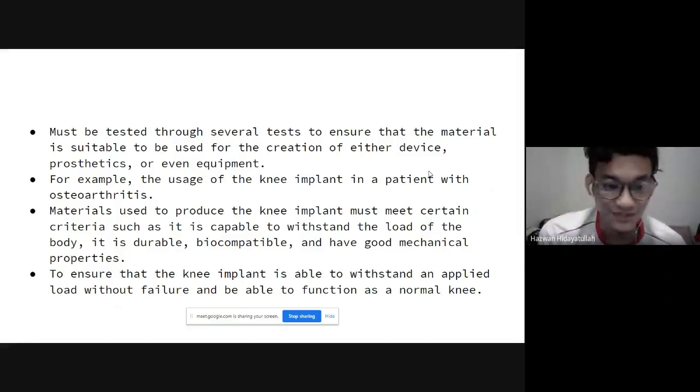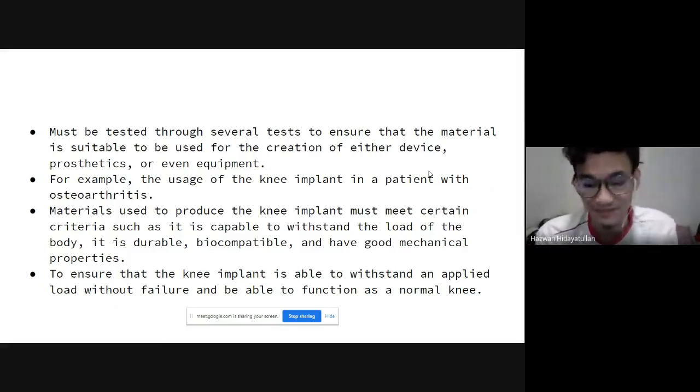Lastly, to ensure that the knee implant is able to withstand an applied load without failure and be able to function as a normal knee. That is the main function of a knee implant.